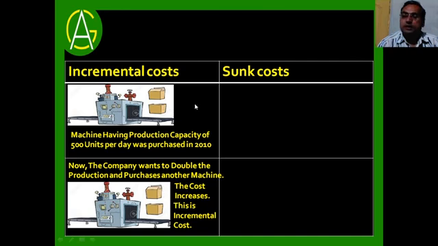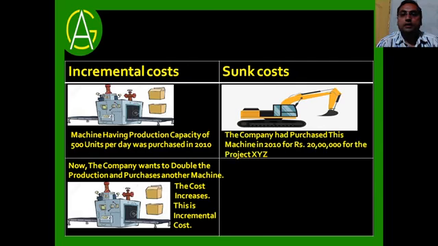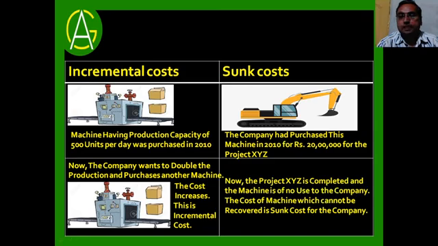Whereas on the other hand, let us take the example of sunk cost. For example, the company had purchased a machine in the year 2010 at the price of 20 lakh rupees, and this was specifically purchased for managing project XYZ. Now after 10 years the project XYZ is completed, and the machine purchased here is of no use.